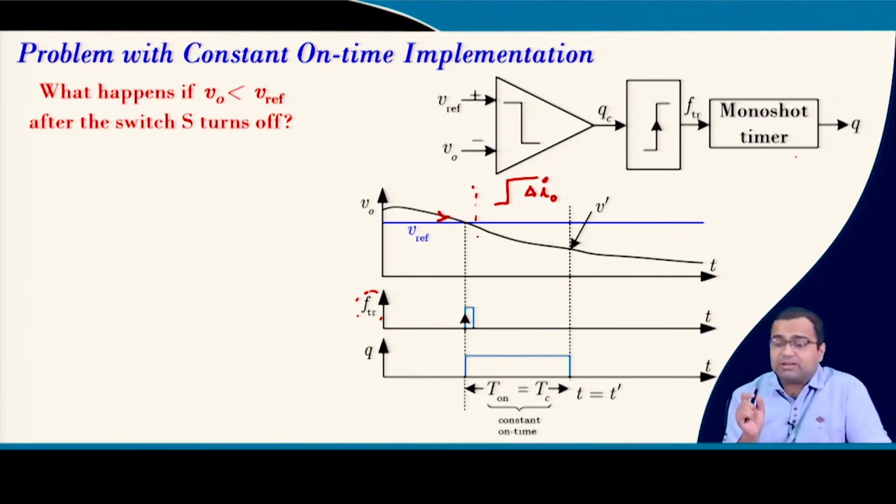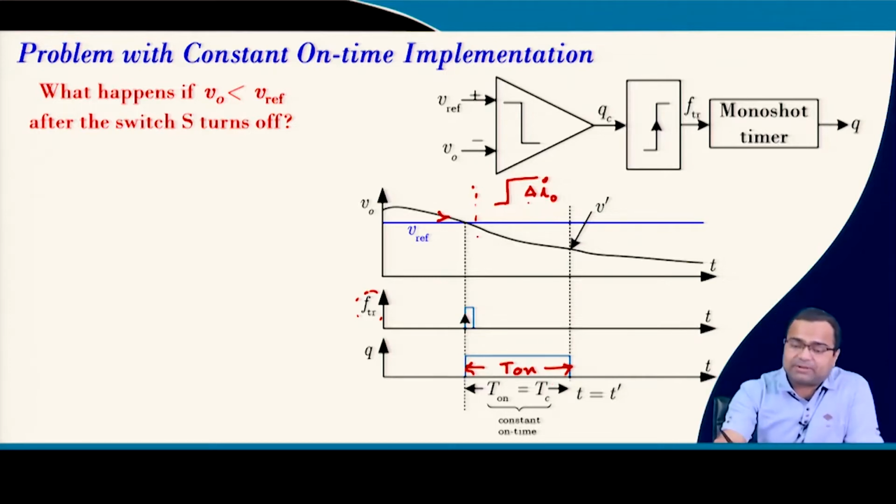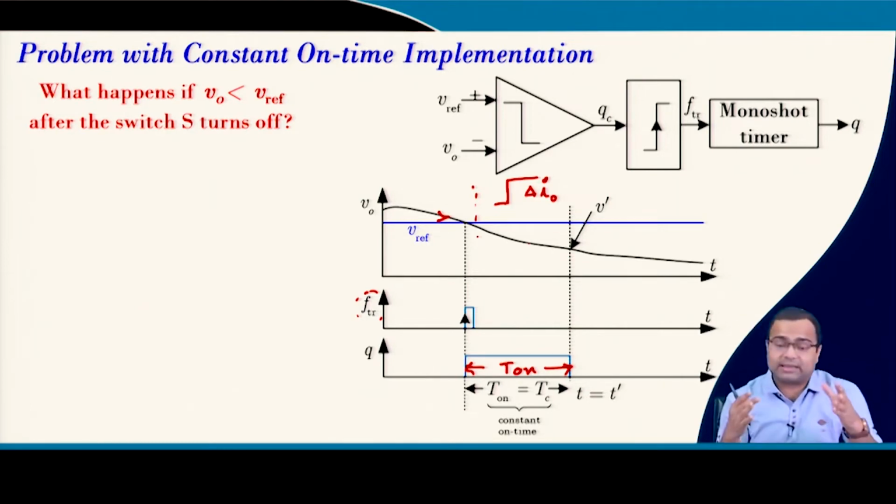The monoshot timer goes high for the duration set by the constant on time, and then it turns off. When it turns off, in general under steady state it is supposed to increase the output voltage. That means the output voltage should go above Vref. That was our traditional waveform under steady state.